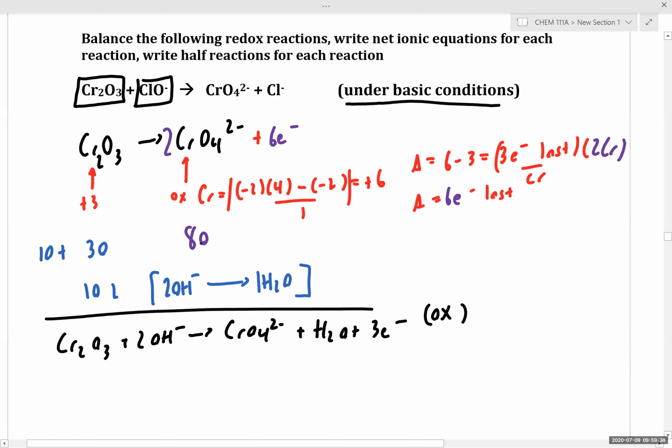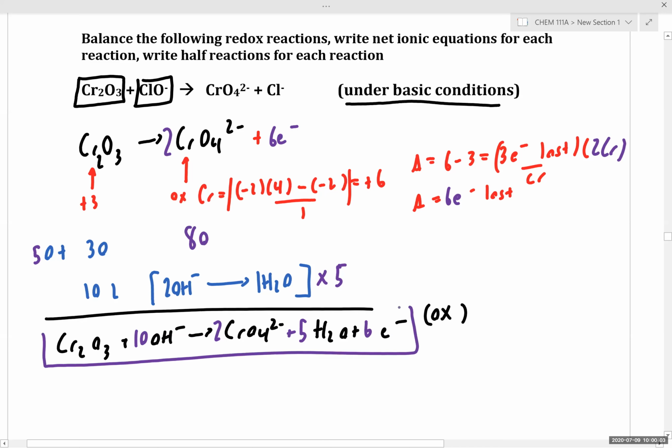Now that we have 8 oxygens on the right and 3 on the left, we need to add a total of 5 oxygens to the left. So we multiply this expression by 5, and that gives us 10 hydroxide and 5 water, leading to 6 electrons lost total.